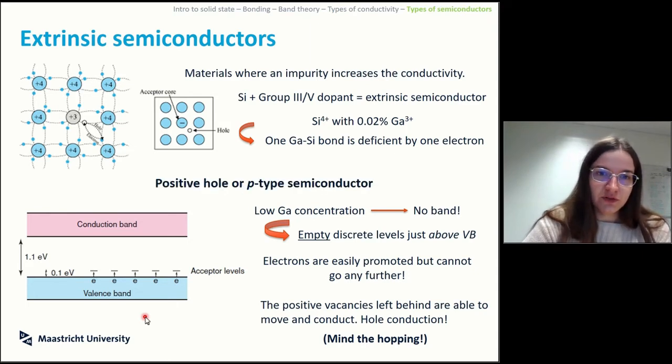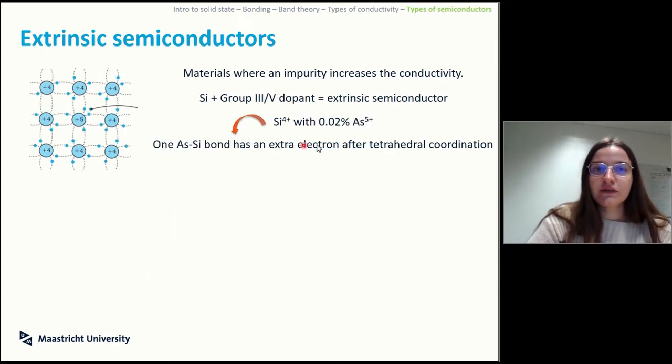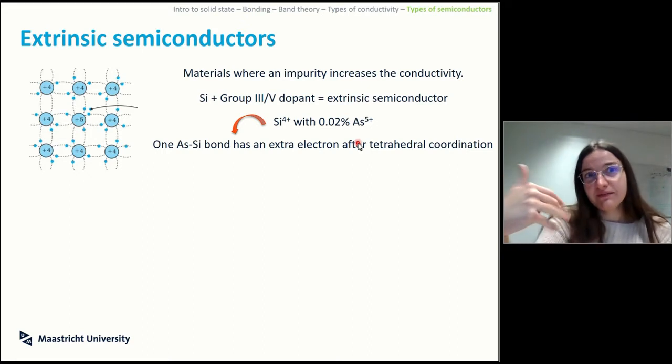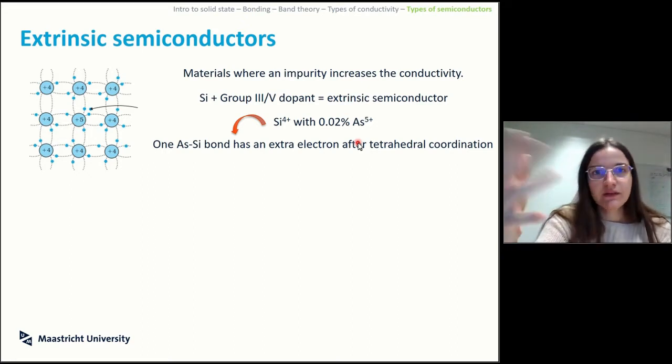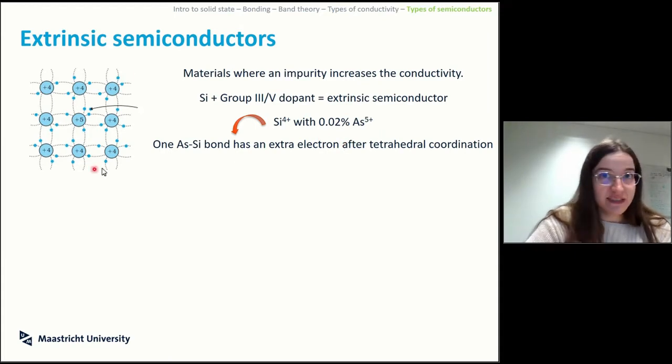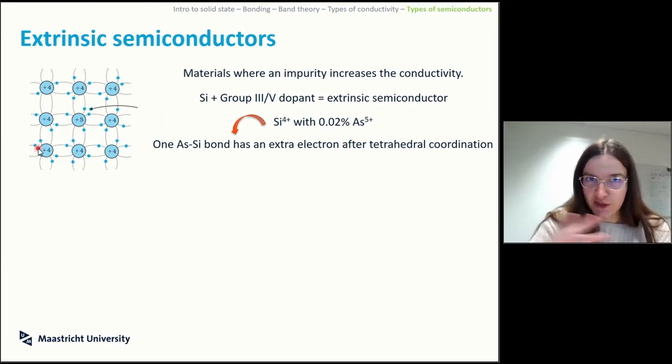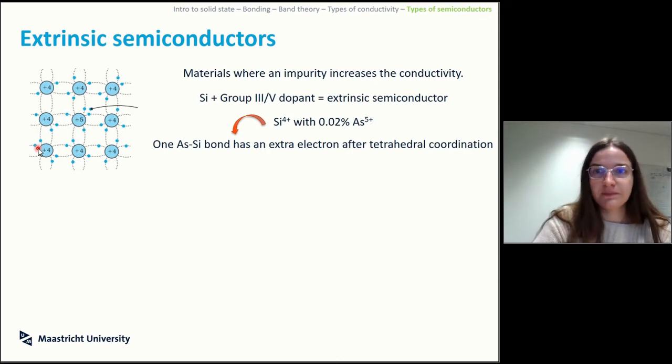Then your other option, after this positive hole or p-type semiconductor, is to go the other way. So if you use a group 5 element like arsenic, still super tiny amount, but statistically speaking, there is something in this whole business that is not silicon.